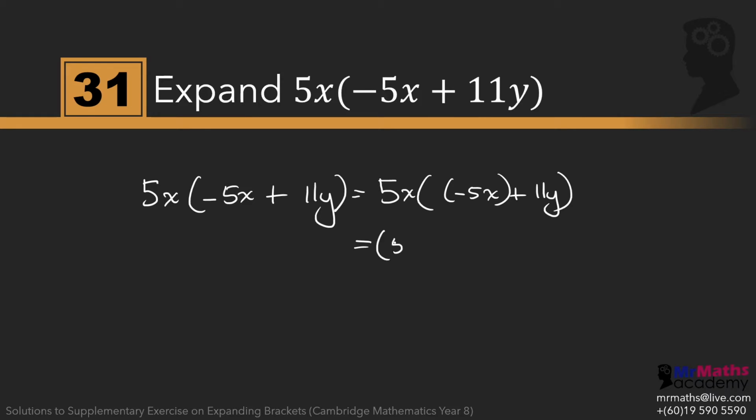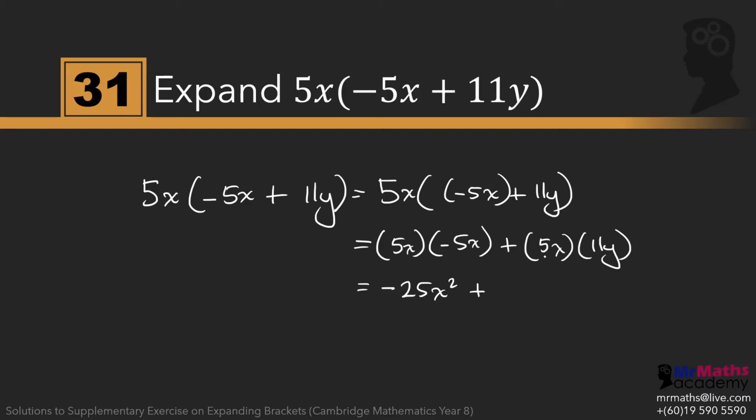So that is 5x plus minus 5x, and 11y. 5 times minus 5 is minus 25x squared, because we have x twice there. So plus 5 times 11, that is 55xy.